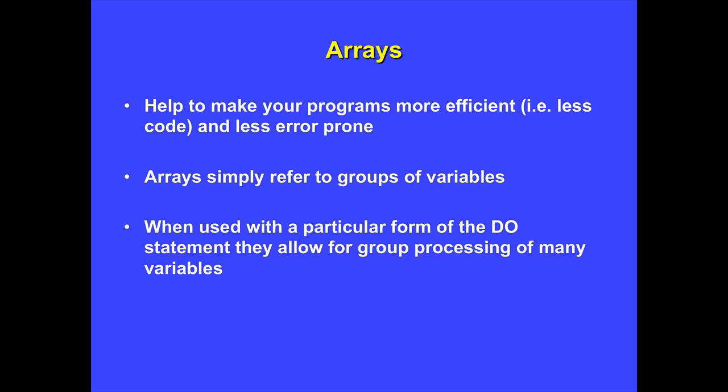And if you use an array to refer to these groups of variables, and you do so in combination with a particular form of a do statement, you can do some group processing of many variables at the same time, and as a result, things run a bit faster within SAS, but more importantly, it's far less coding and it's far less error prone than other approaches to accomplishing the same outcome.